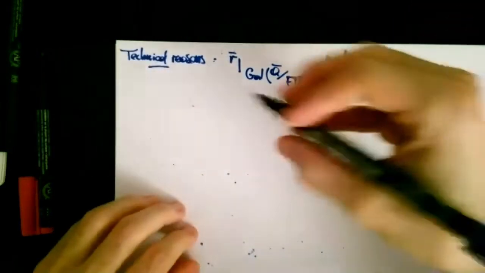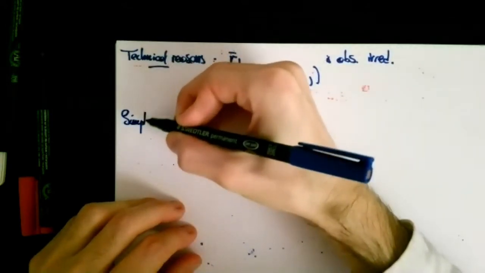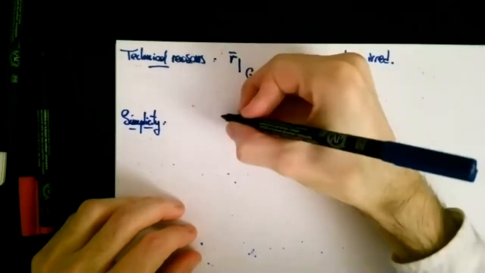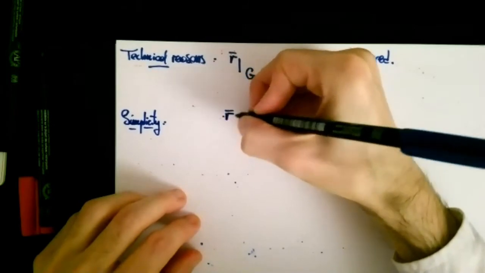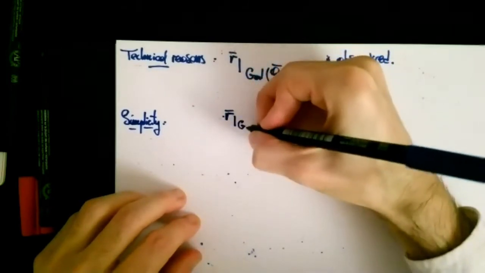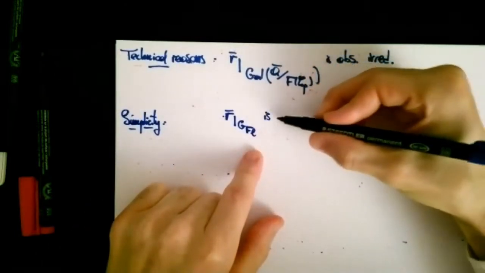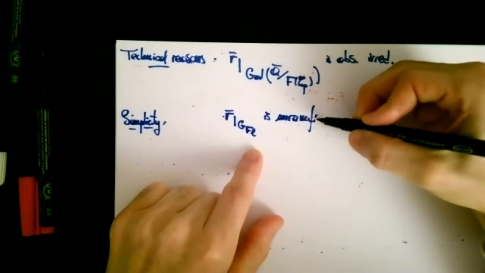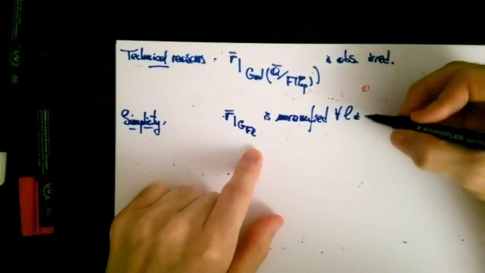And then, for simplicity, we assume that our Galois representation rho bar restricted at G_F_l is ramified for all l different from p.